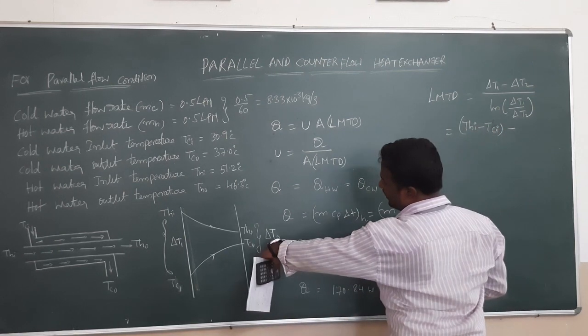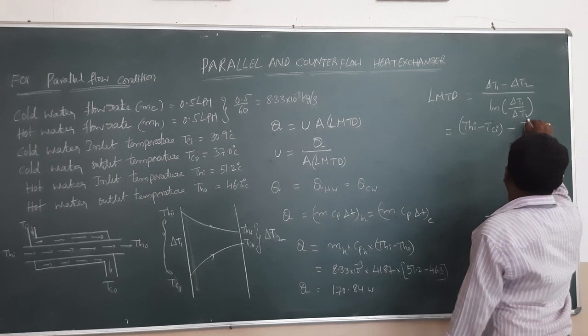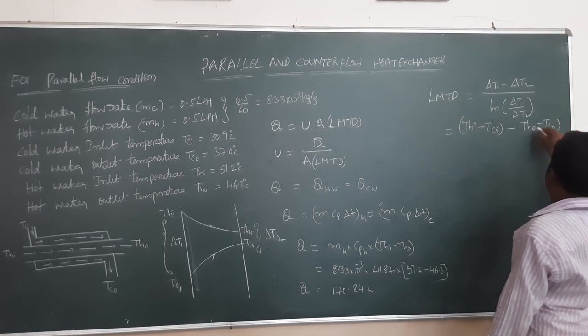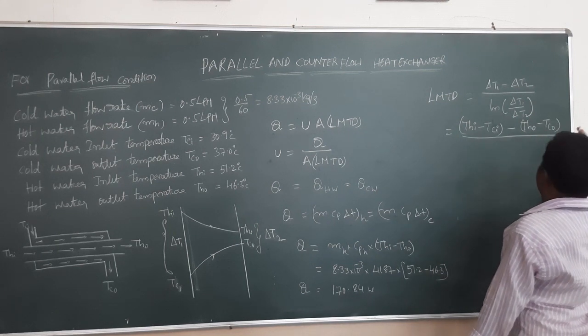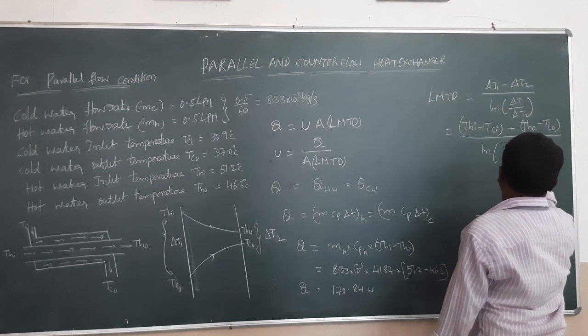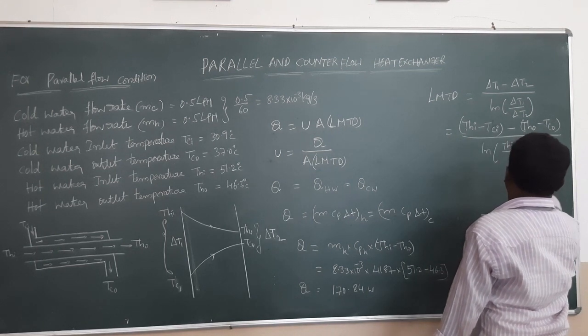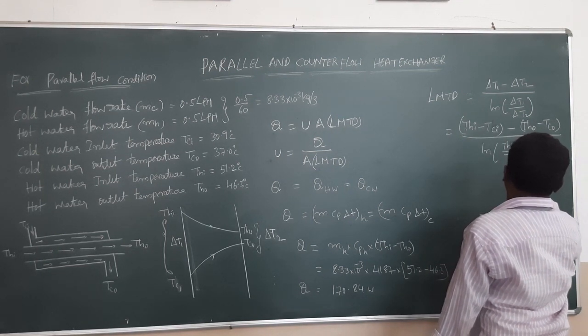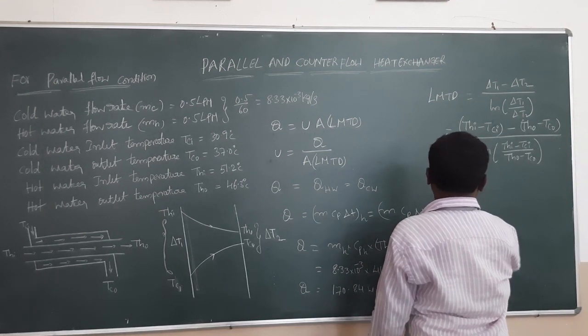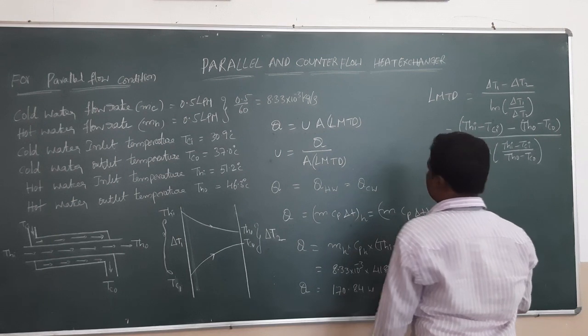Delta T2 means the difference between the hot fluid outlet temperature and the cold fluid outlet temperature, divided by ln of Thi minus Tci divided by Tho minus Tco. Substitute all the values here.